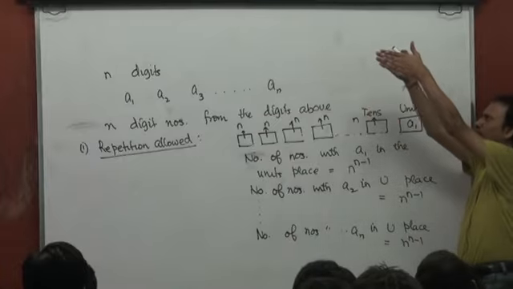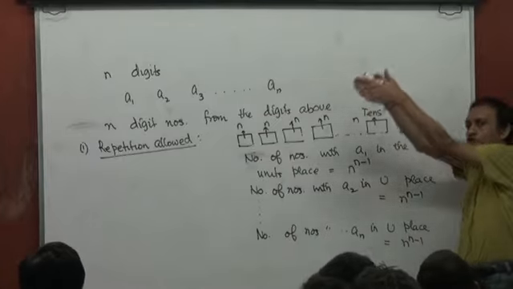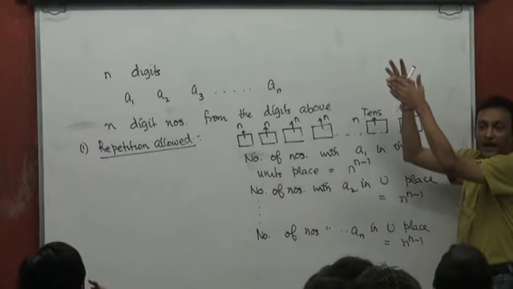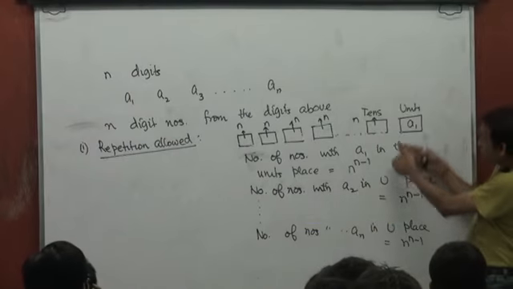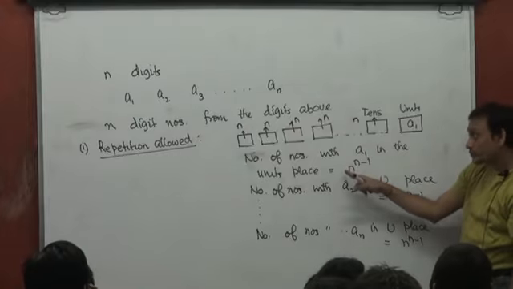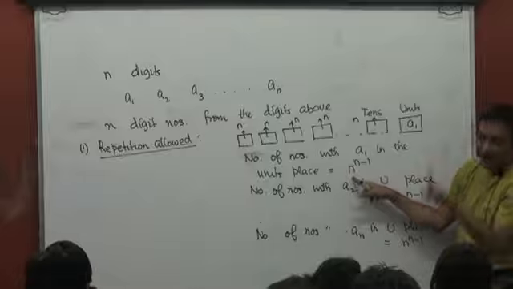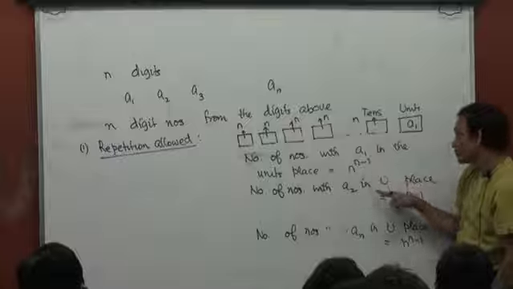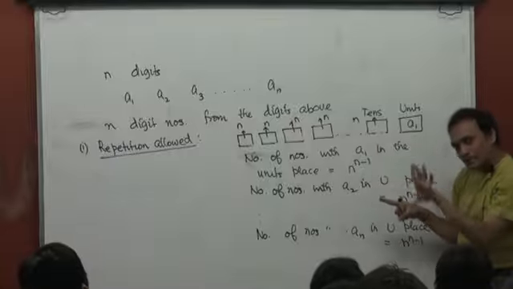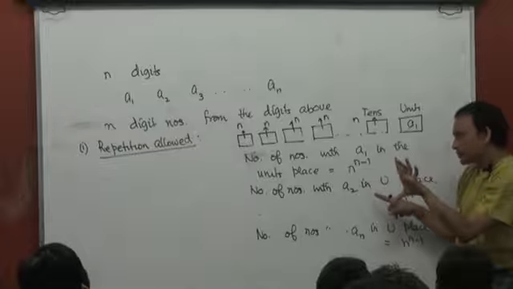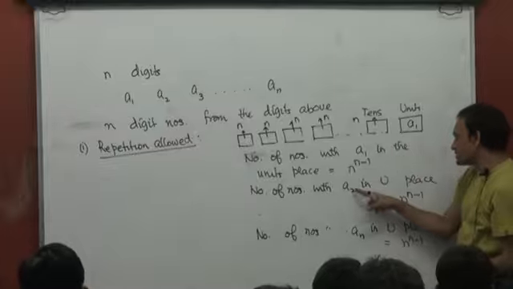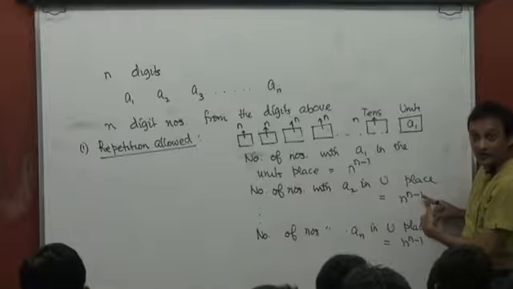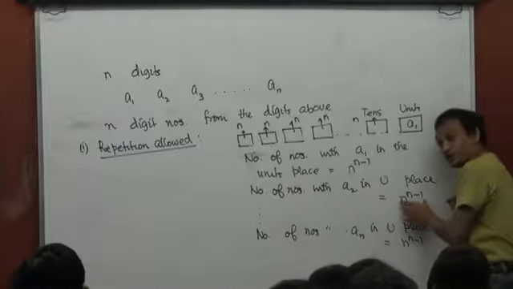Now, if I have to add all the units places of all these numbers produced, then with A1 in the units place, if I add all the A1s, it's going to be A1 into n to the power n minus 1. Then I add all the A2s in the units place, and it's going to be A2 into n to the power n minus 1, because A2 appeared these many times.